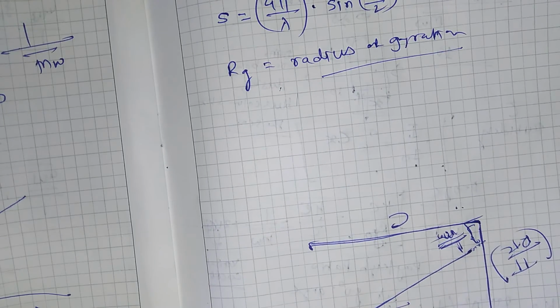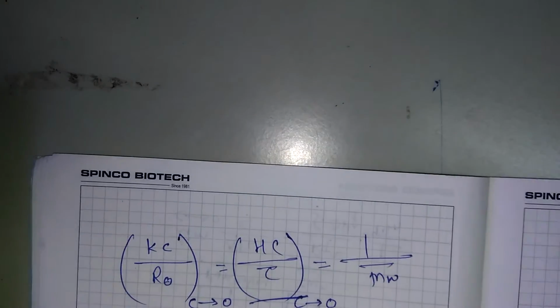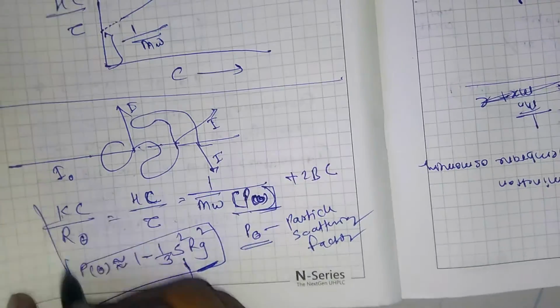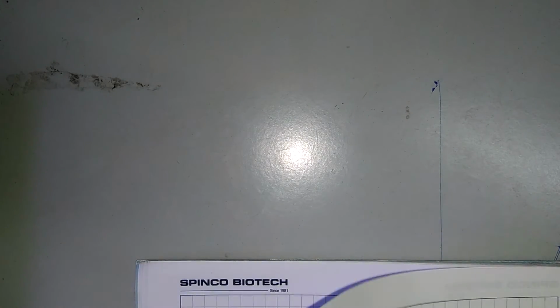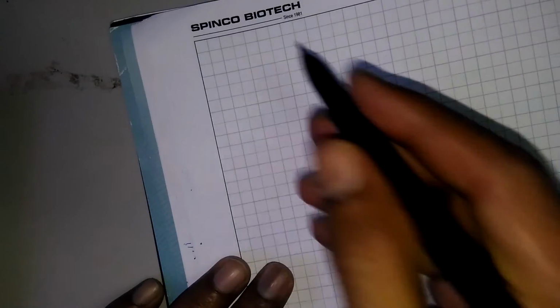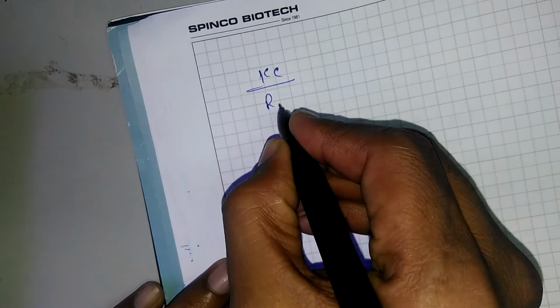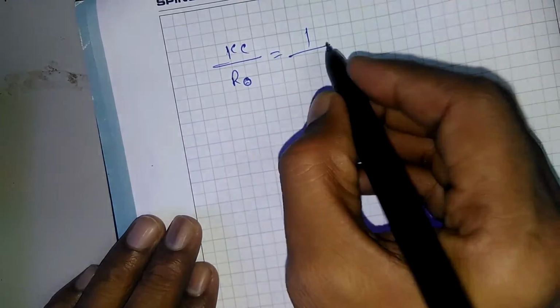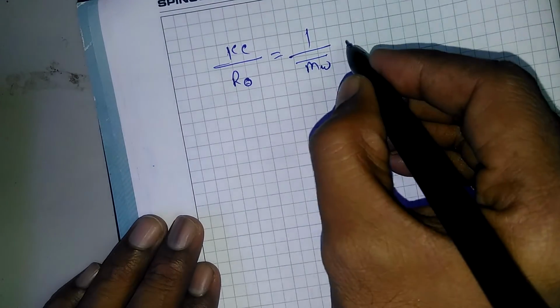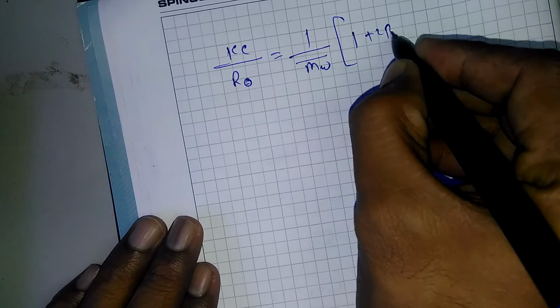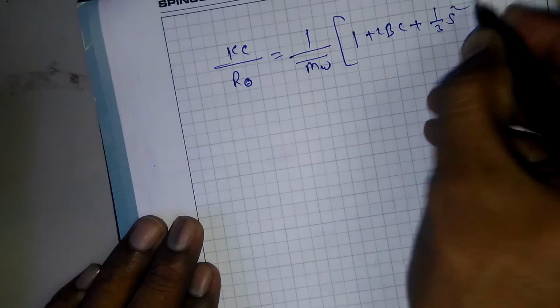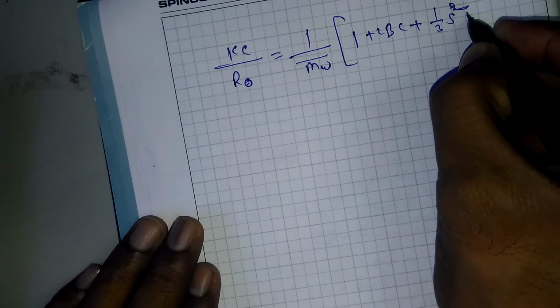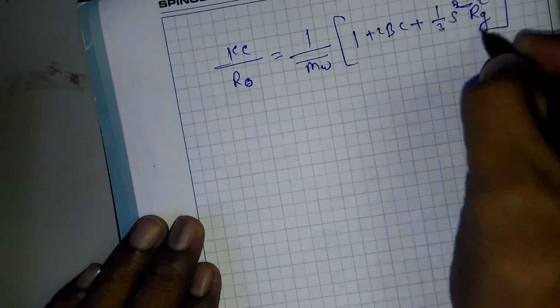So our new equation becomes Kc/Rθ equals 1 by M̄w plus 2Bc plus 3 Rg square, like this.